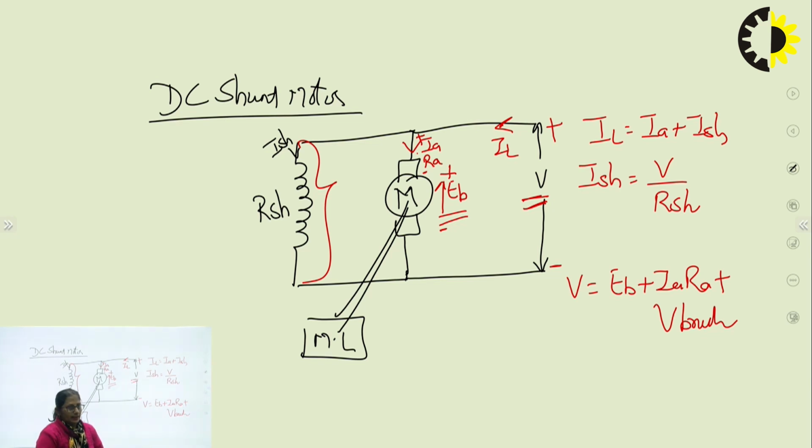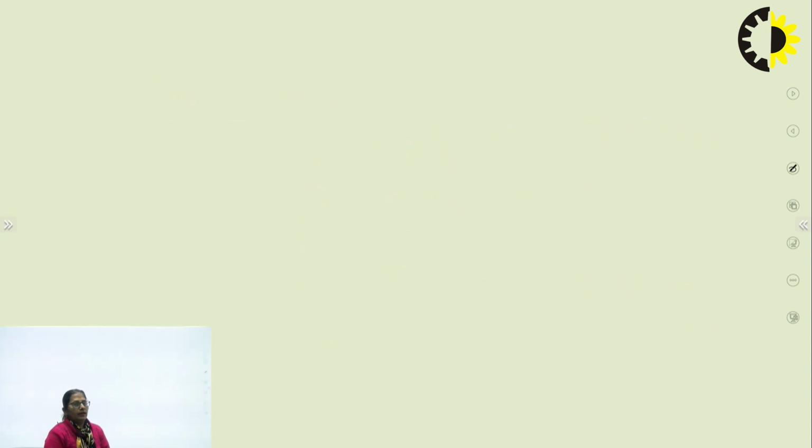Let's see the characteristics for a DC shunt motor. The characteristics we are going to study are all the output characteristics, meaning at the output we have the speed, the torque, and the armature current, which vary according to the load. If that is so, I may have three graphs.